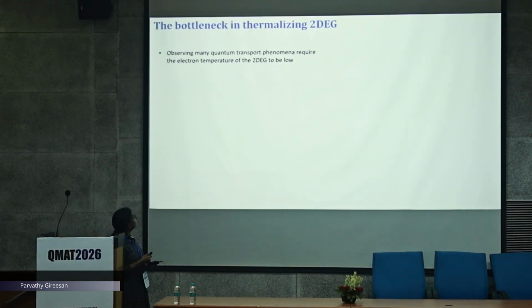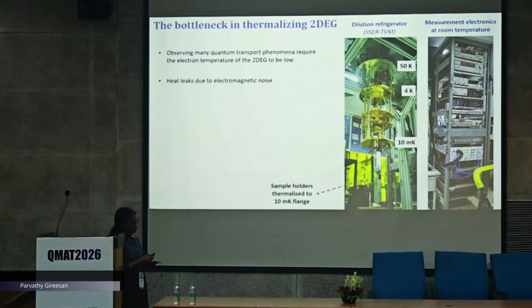Observing any quantum transport phenomena within a 2DEG requires the electron temperature of the 2DEG to be lower than the respective energy scales. However, the multiple electrical lines which run through the cryostat, starting all the way from room temperature, bring in a lot of noise which heats the 2DEG.